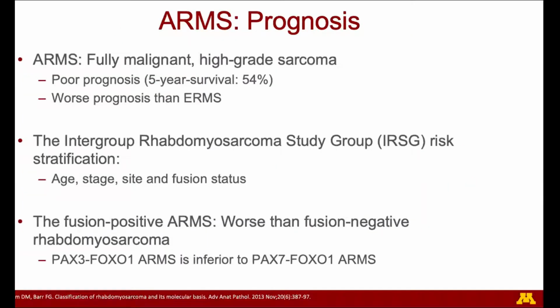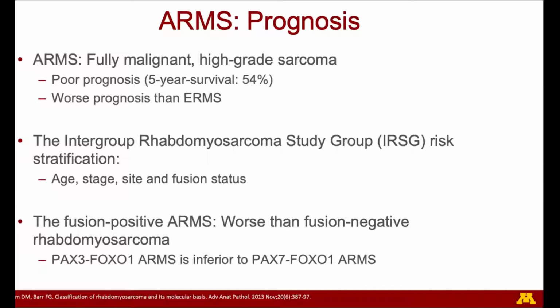Alveolar rhabdomyosarcomas are fully malignant, high grade tumors, with significantly worse prognosis than embryonal rhabdos. The 5-year survival rate for alveolar rhabdos is only 54%. The Intergroup Rhabdomyosarcoma Study Group, or IRSG, staging is predictive of outcomes.